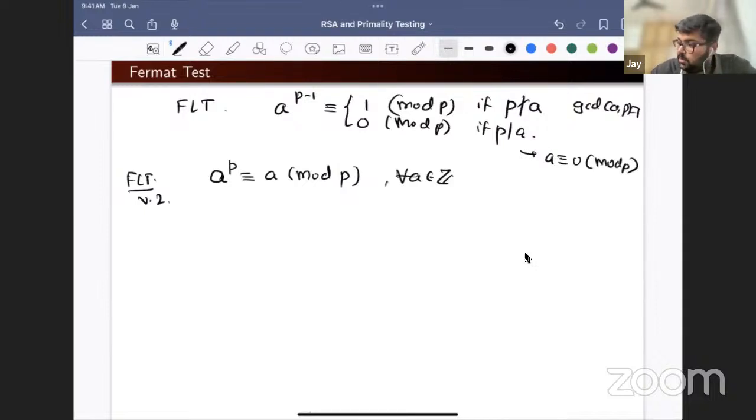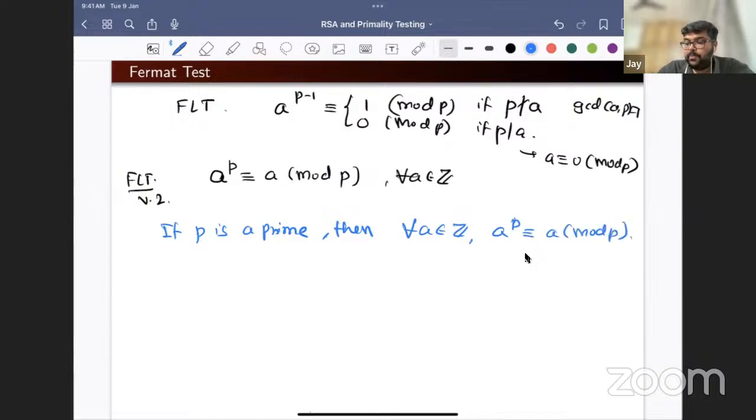So what is the statement? The statement is if p is a prime, then given any integer a, a power p is congruent to a mod p.